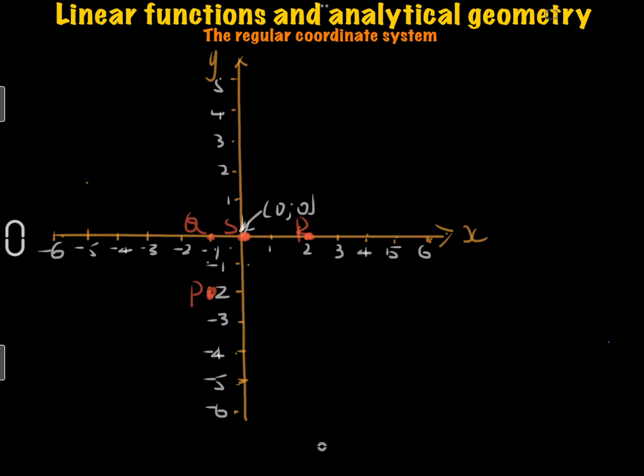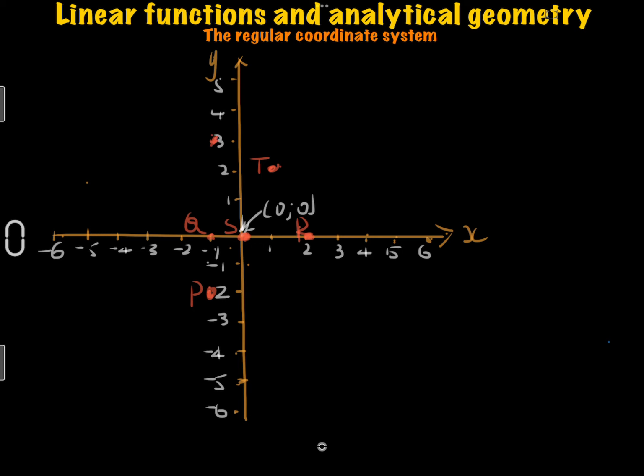T is at x is positive 1, and y is positive 2. So that's where T is. The T intercept is there. So x is 1 and y is 2. And then U is negative 1, and y is 3 in this case, so the intercept right there.